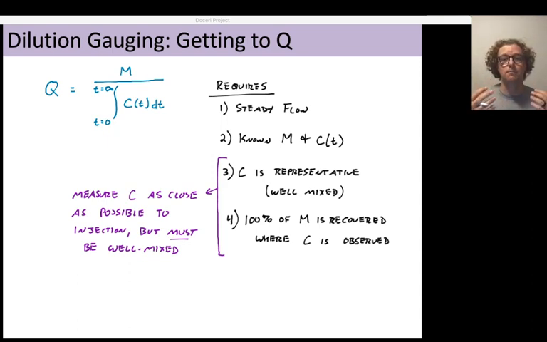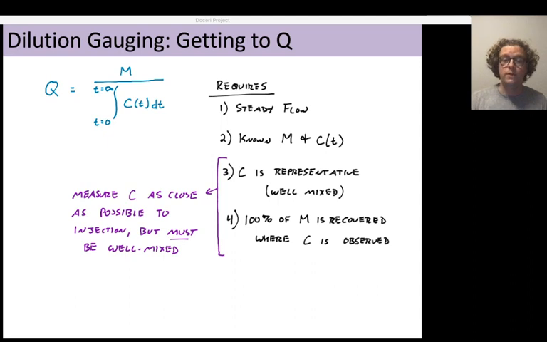So you're minimizing mass loss into transient storage or hyporheic flow paths or someplace that may not come back within your window of detection. So for dilution gauging, our goal is to be downstream far enough to have complete mixing, but as close to the injection as we possibly can. This is something that you might end up having to try a few times in the field to get a sense of how your system is working.